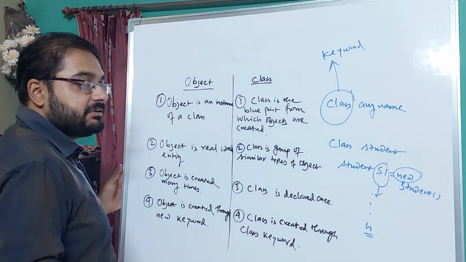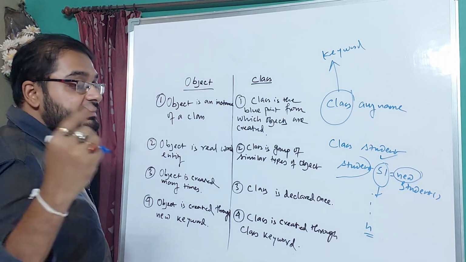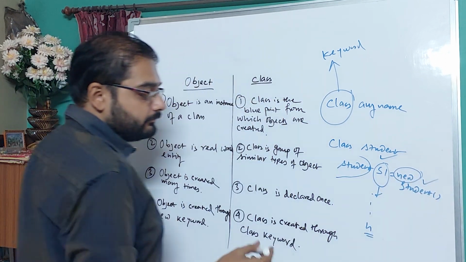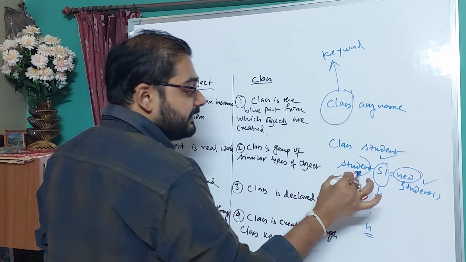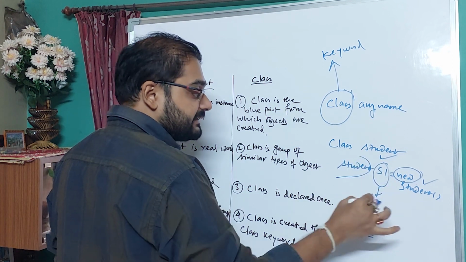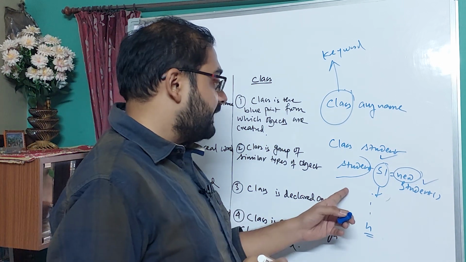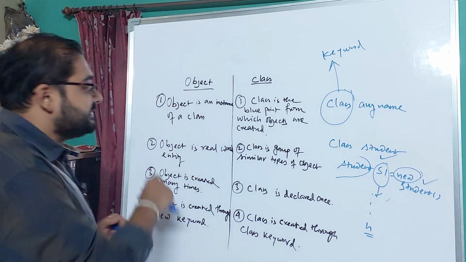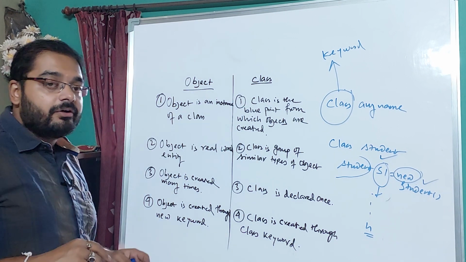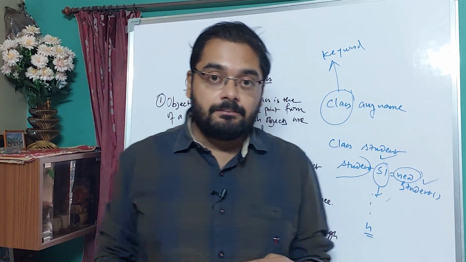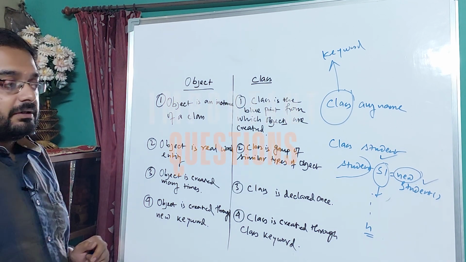We can create n number of objects from the class name, that is student, and we use which keyword? The keyword is new. So new is a keyword, class is a keyword, and here student is a class name. So from the class name we can create the s1 object. This is the example of class and object, and this is the basic difference between a class and an object. This is very important for your school exam as well as your board exam. If you want, you can screenshot here and read it later.